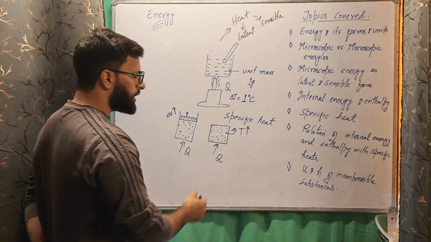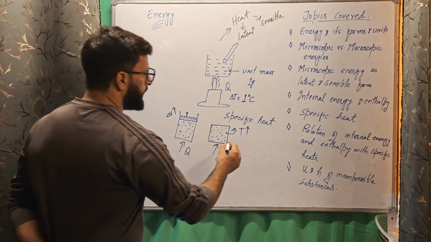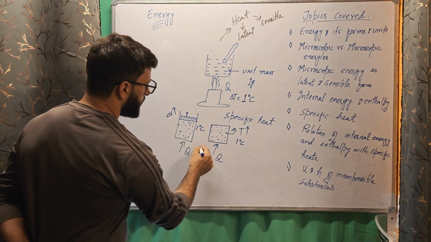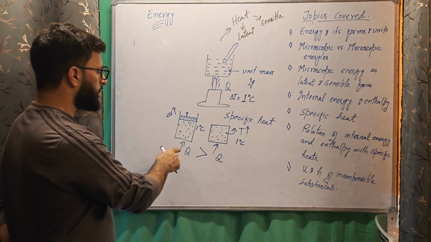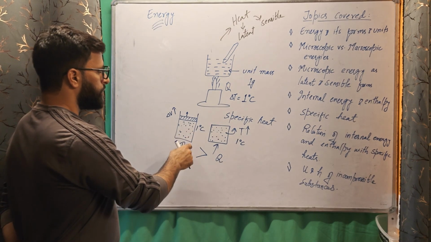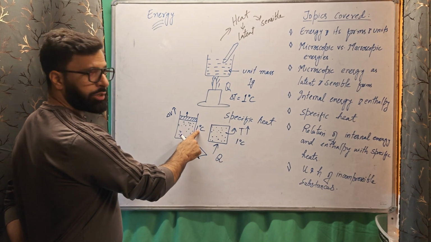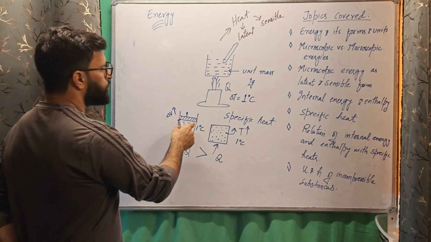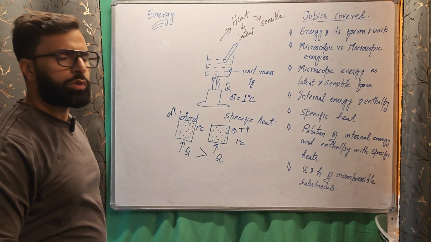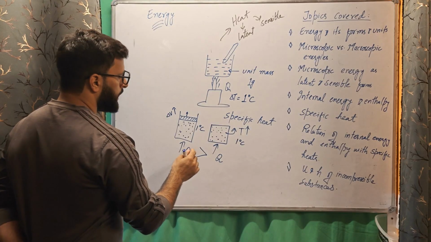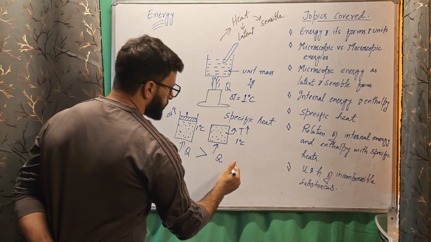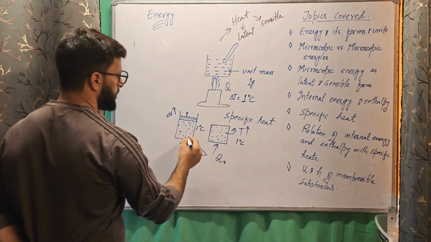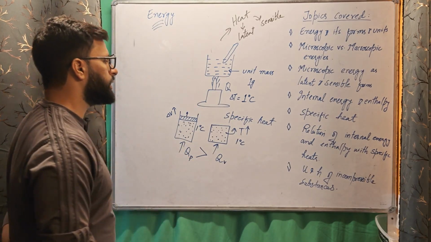So which of the two heats will be larger in raising the temperature by 1 degree Celsius? Of course, this will be larger, because we have to give extra heat to increase the temperature by 1 degree Celsius as here, but extra heat will be consumed to move the piston outwards. So this will always be greater. Since here volume is fixed, we call it QV, and here volume is not fixed but pressure is fixed, we call it QP.